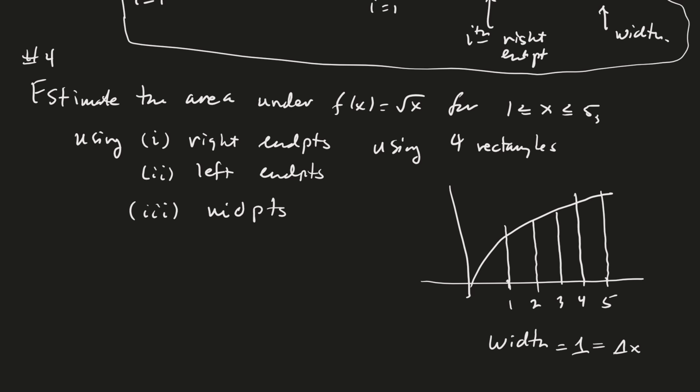Now, if I use right endpoints to compute my heights, what are the right endpoints that I'm going to use? Let's see if I can use the red. The first right endpoint is going to be 2, right? And so if I draw a sketch of the rectangles that I use, it's going to look something like this.